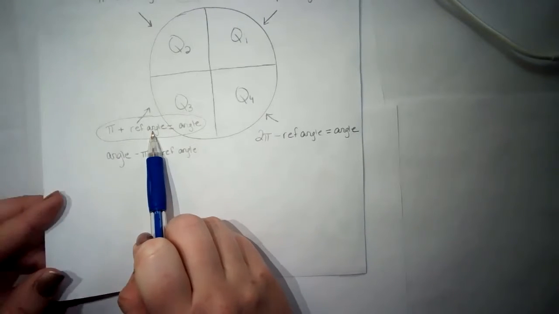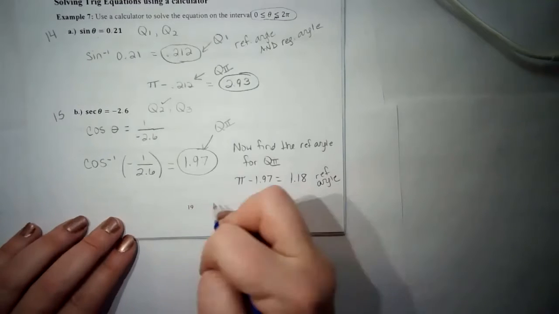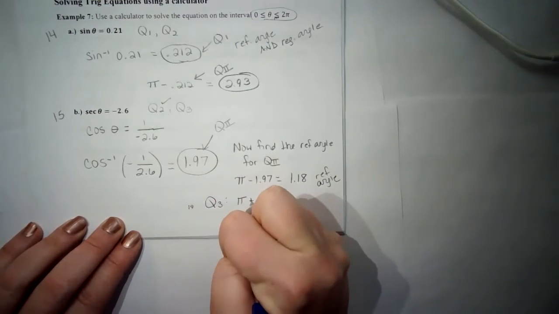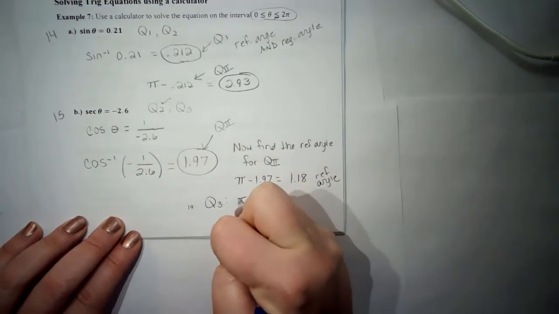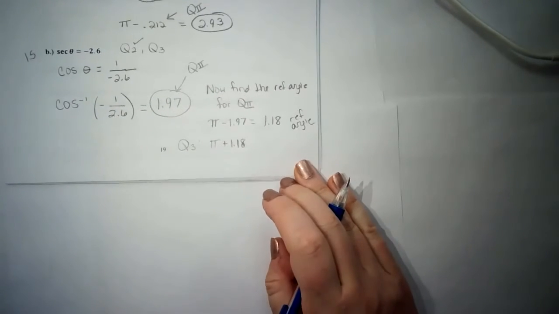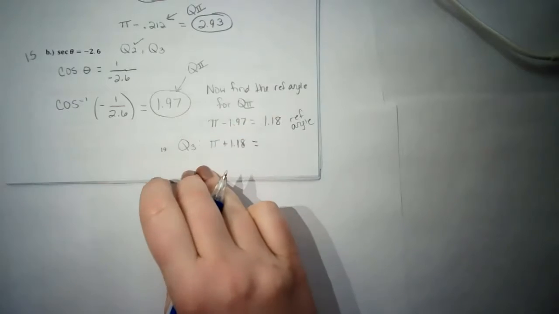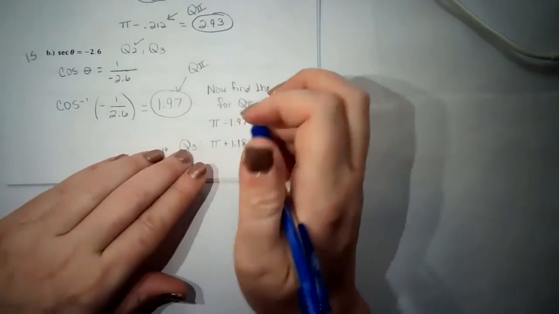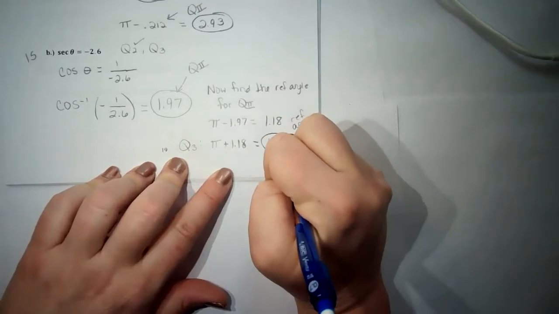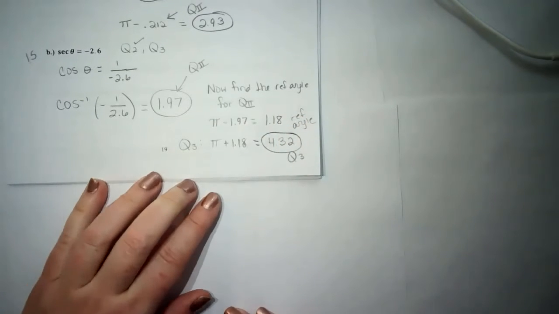That's going to give me quadrant 3's actual angle. So for quad 3, I'm going to take pi plus my reference angle. Make sure everybody can see that. And I got 4.32. And that's your quad 3 value.